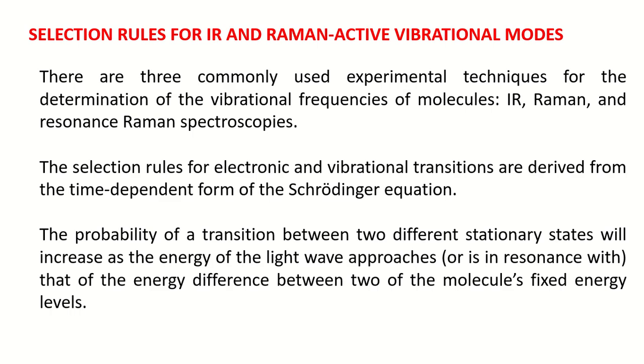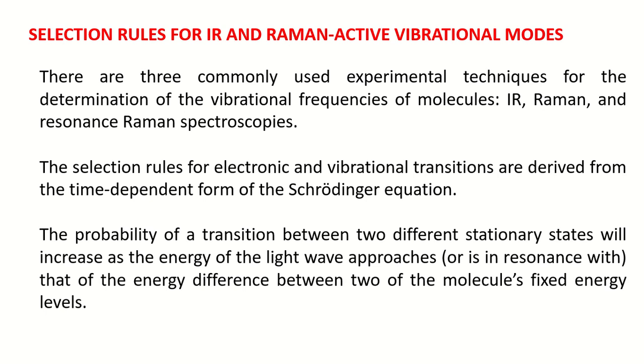Now let's talk about the selection rules for IR and Raman active vibrational modes. There are three commonly used experimental techniques for the determination of the vibrational frequencies of molecules: IR, Raman, and resonance Raman spectroscopies.